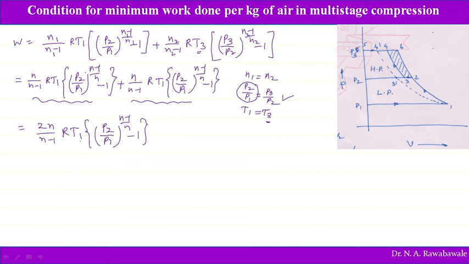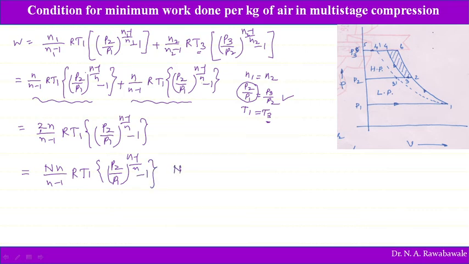So here as it is 2 stage, therefore we got here 2. If it is an N stage compressor, then we can write this as capital N into small n divided by n minus 1 RT1 (P2 divided by P1) to the power of n minus 1 divided by n, minus 1.